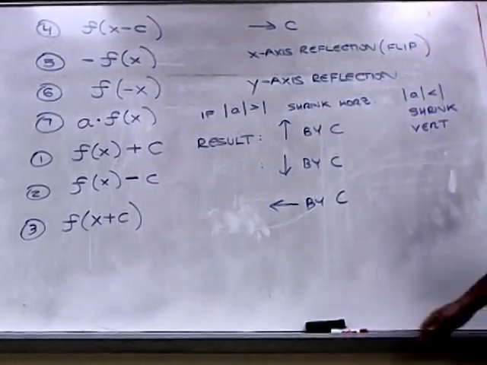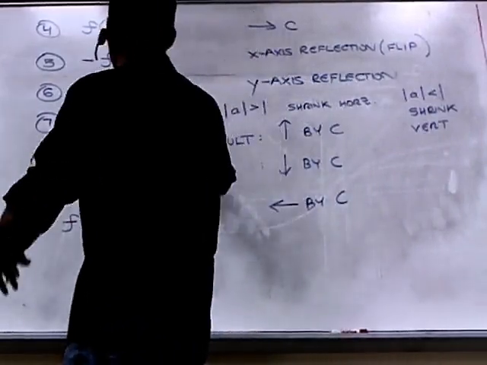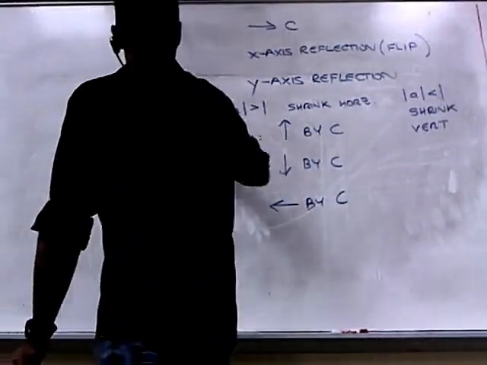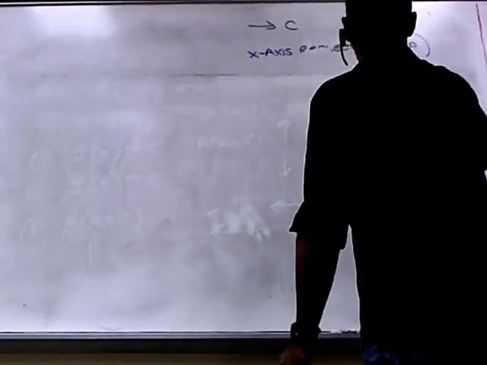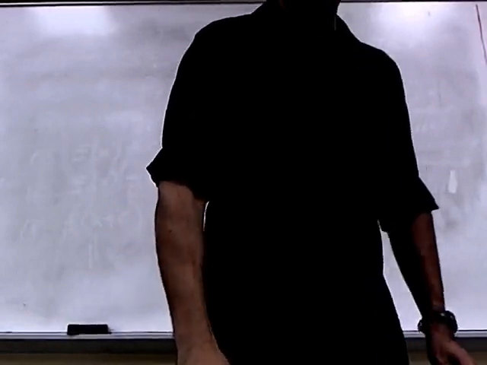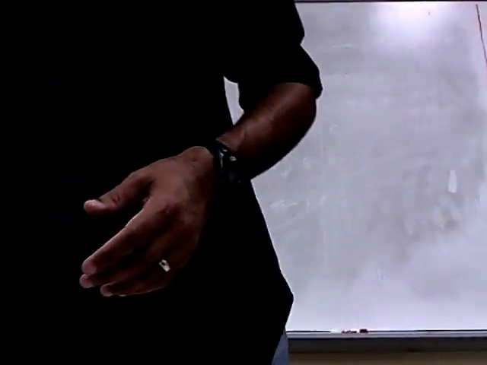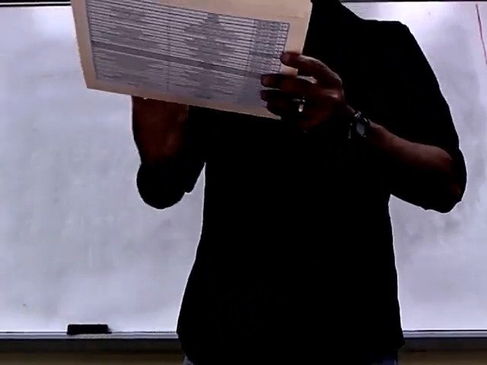So let's see if we can use these transformations to sketch something. I guess there's one good way to look at our situation. Where's the sign-in sheet? Did it get around to everyone? Anyone still need it? Okay, there is one good way to look at where we are here.